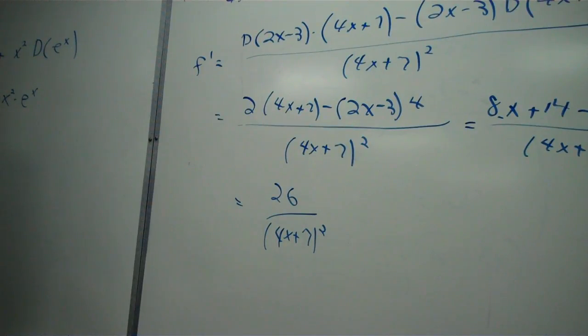Now you may think, who in the world would ever be interested in quotients? I think I've got one more slide that talks about that just a little bit. The book gives the example of the average cost. Average in general is, you add up everything and divide by how many?